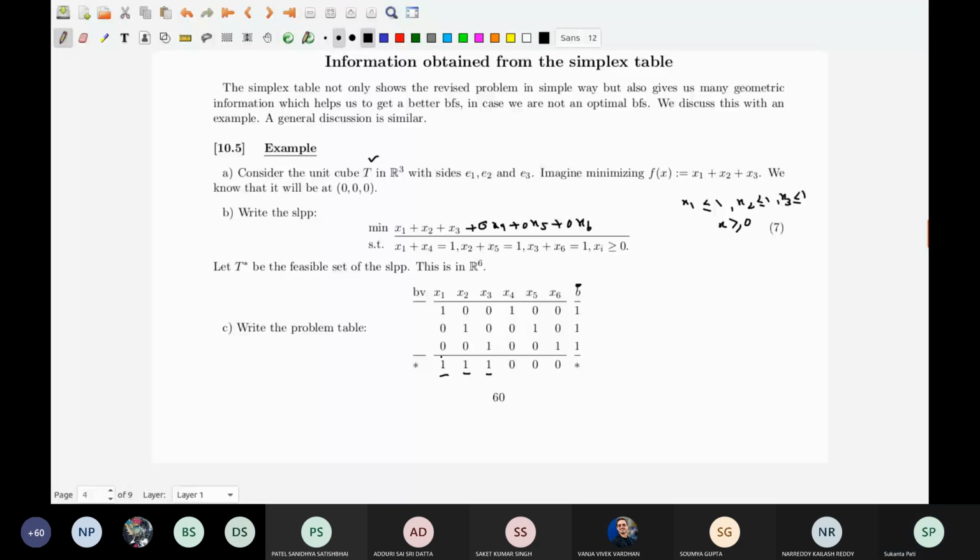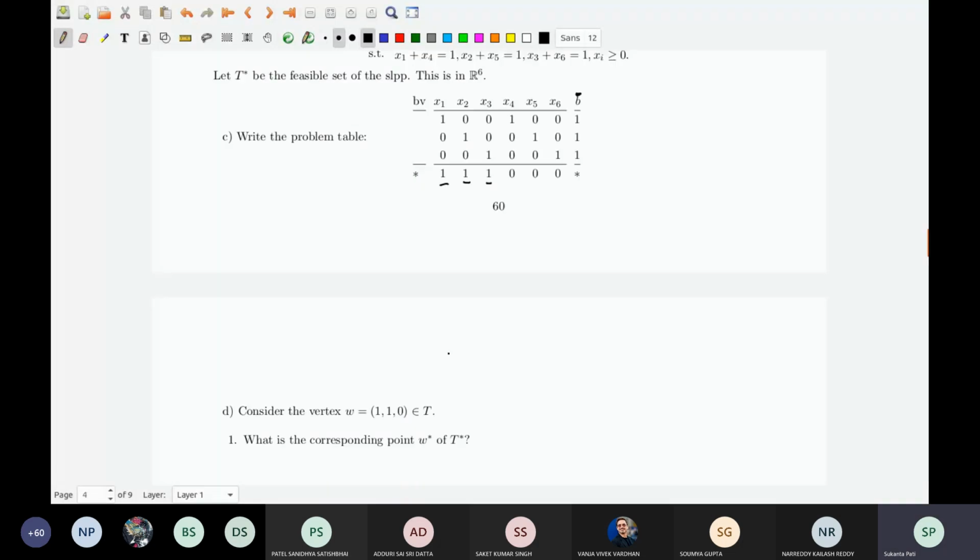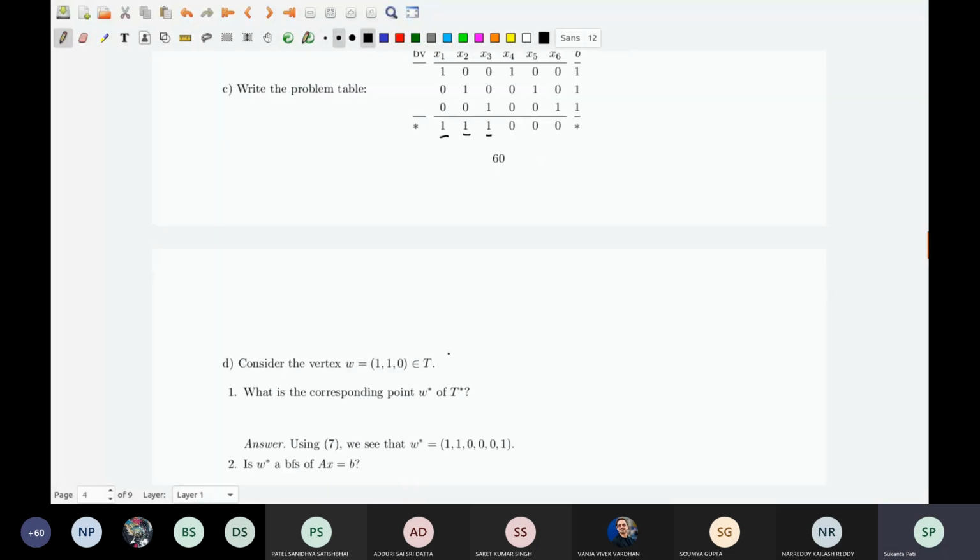Okay. Fine. Now let me consider the vertex 1, 1, 0. Okay, I will draw it later.